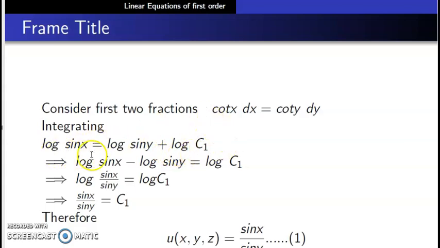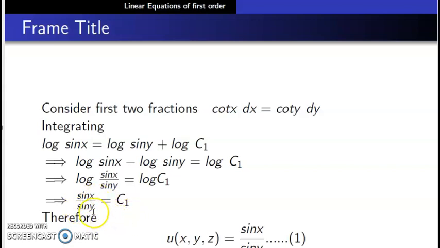Now log sin x is equal to log sin y plus log c1. Taking log sin y to the left hand side, we get log sin x minus log sin y is equal to log c1. Now log a minus log b is log a by b. So you get log of sin x divided by sin y is equal to log c1. Taking the exponential on both sides, sin x by sin y is equal to c1.